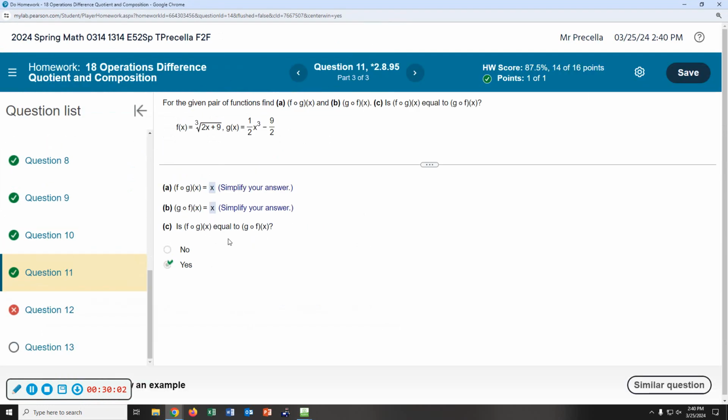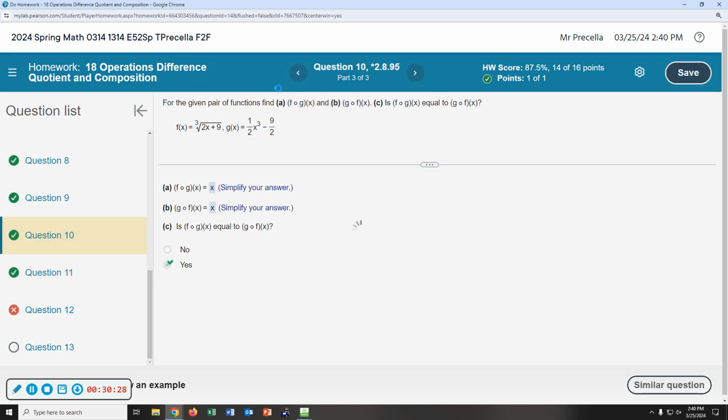Now remember these problems here? For the given pair of functions, find f composed with g of x and g composed with f of x. Then they asked, are they equal? And we said, usually they're not. But this is a special case. Everything in both directions, when you found the composition, canceled out everything except for x. And in that event, f and g are inverses.